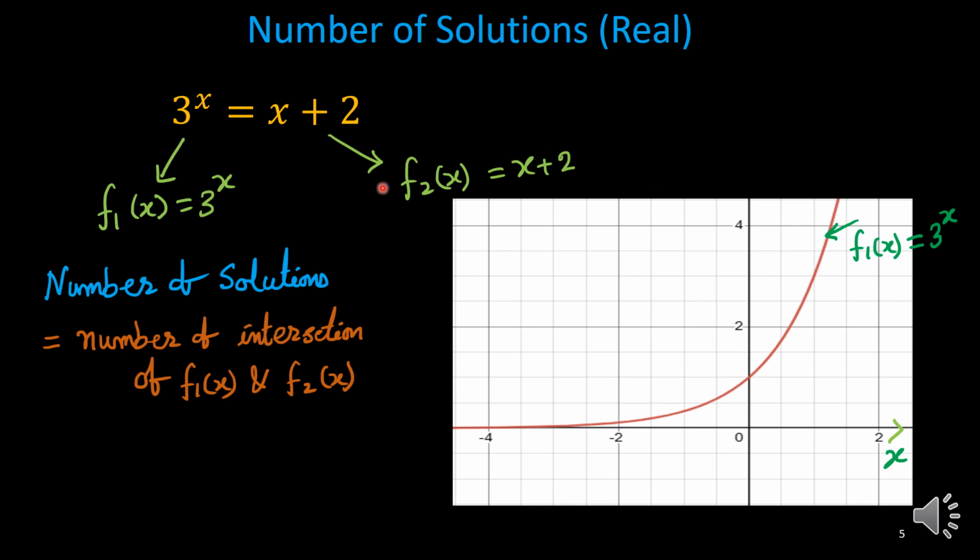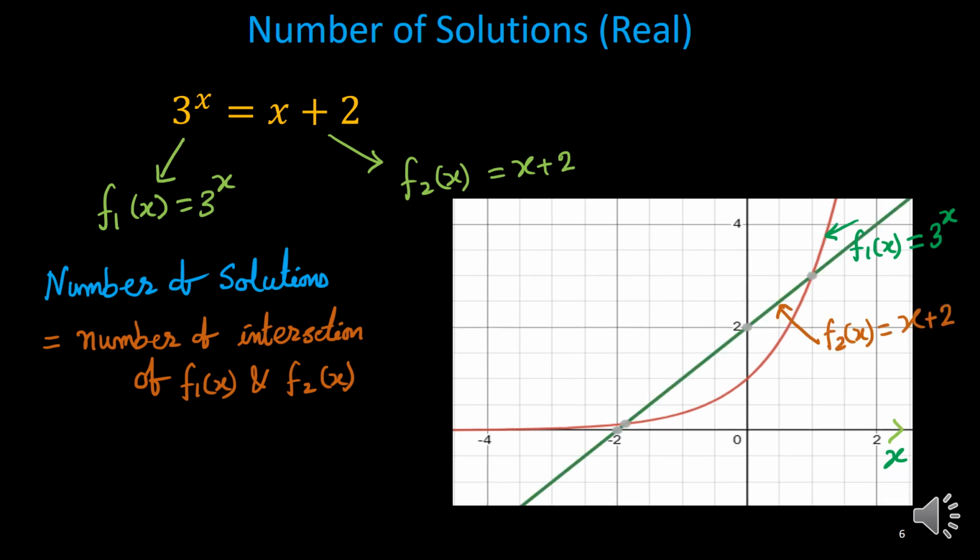Next, f2(x) is a straight line equation, so we can draw this one easily. Its slope is 1, and it will intersect the y-axis at 2. Its slope is 1, meaning that if the height here is 2, here it should be minus 2.